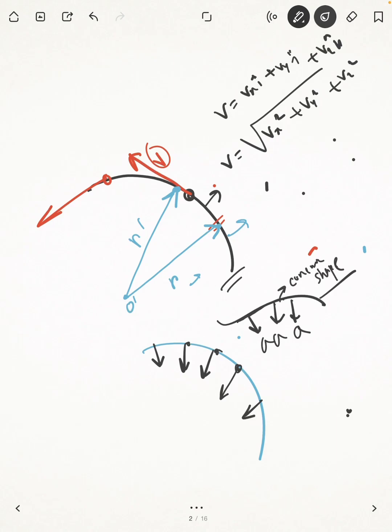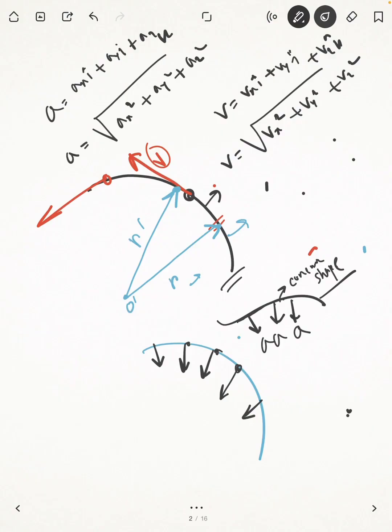And what should then be the acceleration? Similarly, acceleration would be ax i cap plus ay j cap plus az k cap. The magnitude of the acceleration can be written as root over ax square plus ay square plus az square.